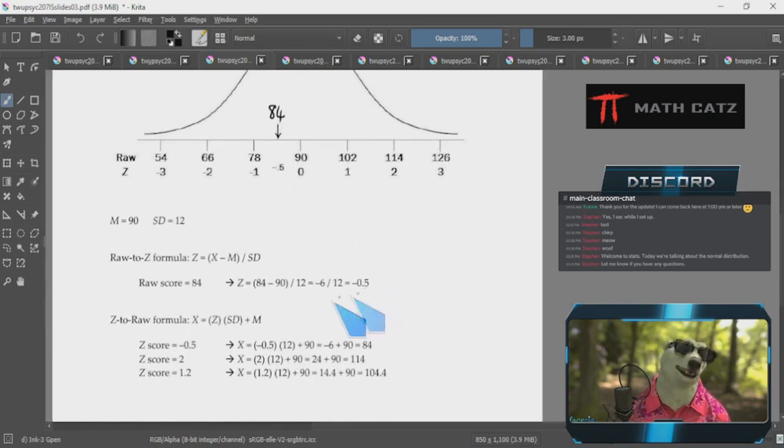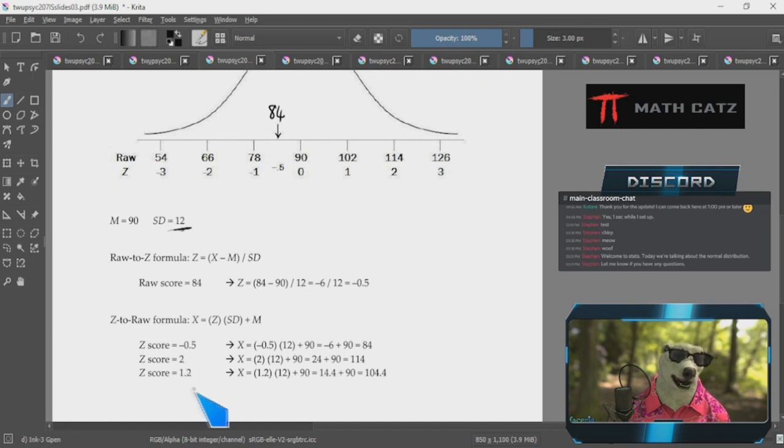Well, we already have it, but let's suppose we didn't. I go from 90. What distance do I step away? Well, negative a half times the standard deviation of 12, which would be 6. So the negative direction is left, positive direction is right.